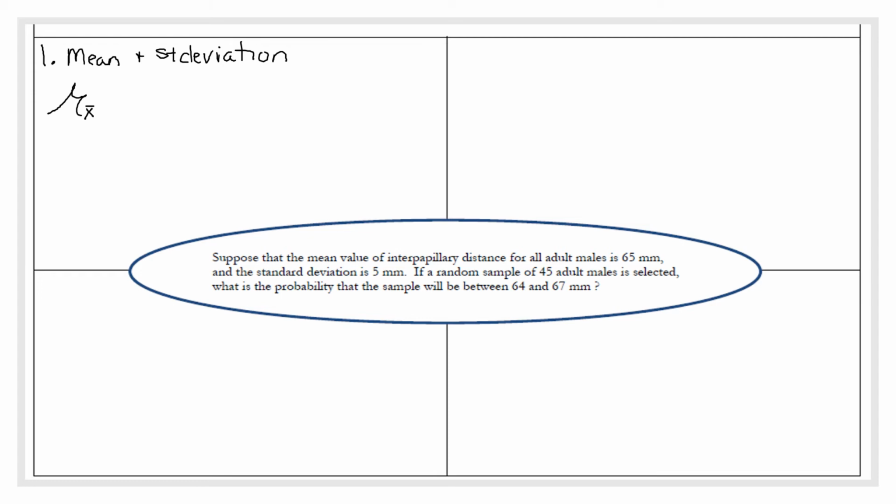The mean of the sampling distribution of sample means is equal to the population mean. It says the mean value of the distance for all adult males is 65 millimeters right here. So this is mu, and I'm going to put 65.